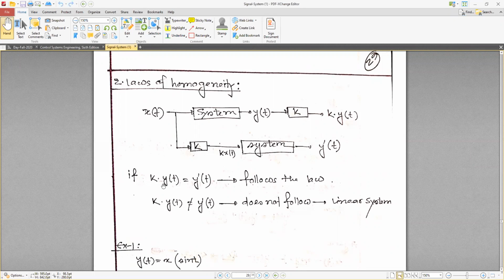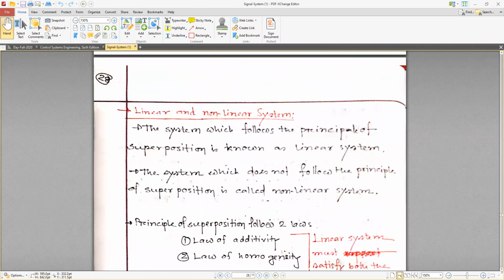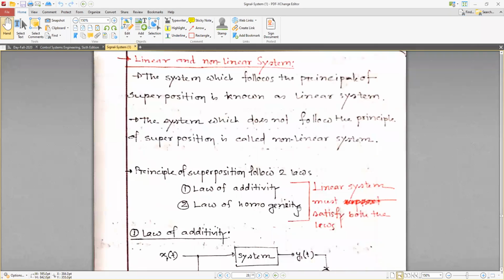If those two are the same, then it follows the law. If those two are not the same, then it does not follow the law. So it is the linear system. So a linear system should follow these two, but a non-linear system would not follow these two.